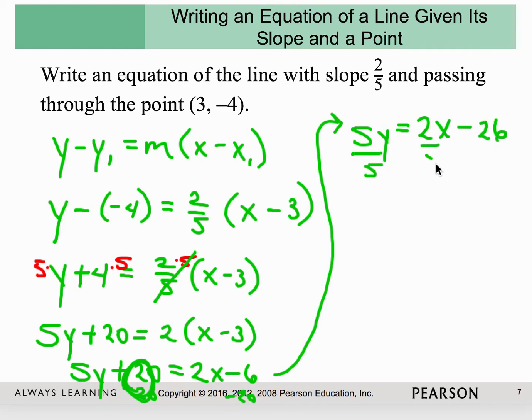Divide by 5. So y equals 2/5 x minus 26/5. There's an x there.